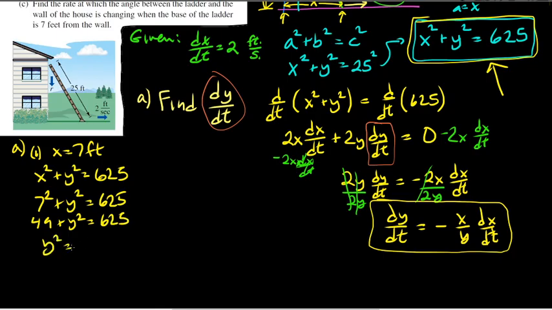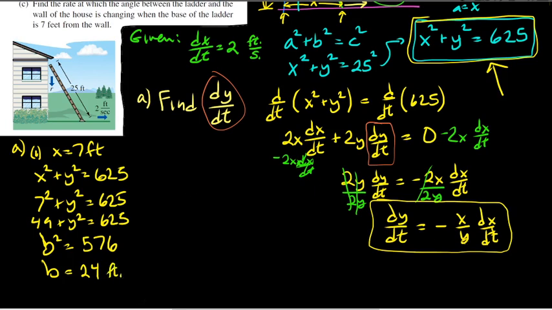Okay, so subtract 49 from both sides. I think we get 576. And then when you take the square root, you get y. y is 24 feet.